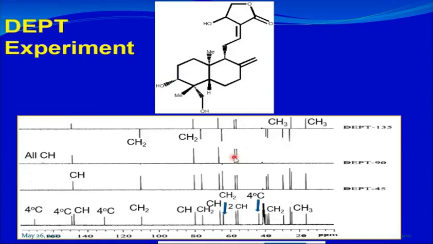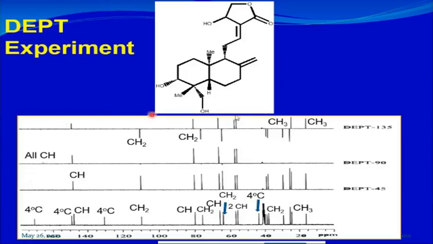So we have these 5 signals for the CH carbons. And if you go down and compare them with the broadband, so this signal to the right belongs to the CH, and this one belongs to the CH, this one belongs to CH, these two belong to the CH groups, right?